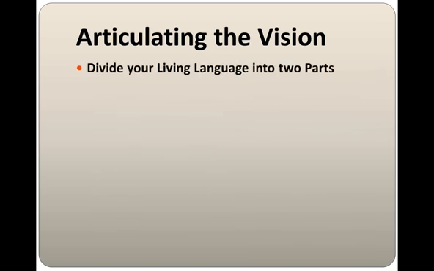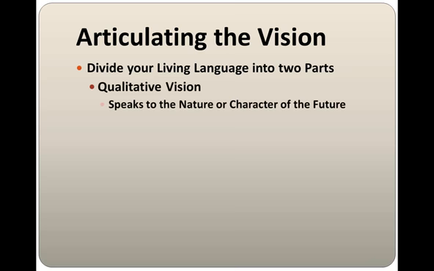Along with articulating the vision, I would suggest that you divide your living language into two parts. Qualitative vision, where you speak to the nature or character of the future and you describe it. And there are 6 ingredients that are a part of the qualitative vision casting. One is shared experience. You want to use shared experiences to connect people on an emotional level.